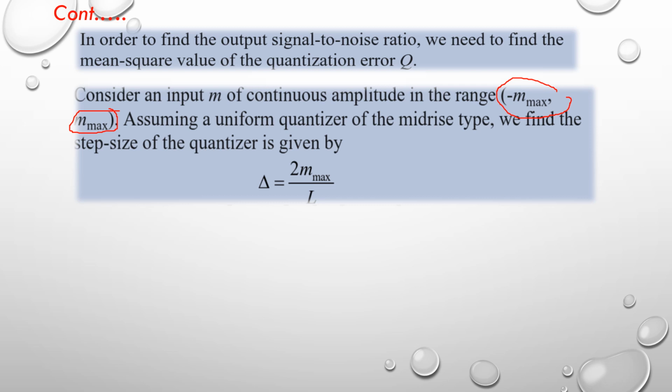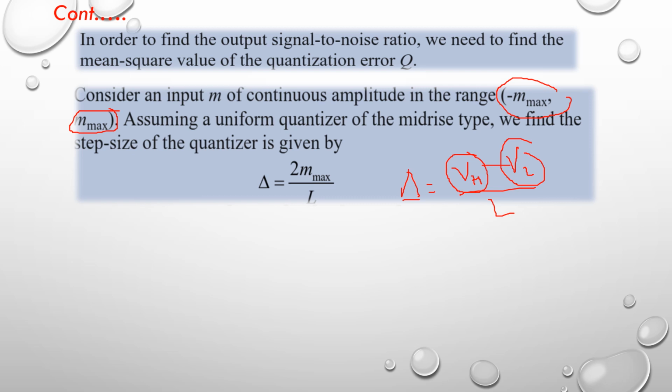Assuming a uniform quantizer of the mid-rise type, we find the step size of the quantizer, given by delta equal to 2 m maximum divided by L. Delta is the step size, equal to the highest voltage level VH minus the lowest voltage level VL, divided by L. Here VH is equal to m maximum and VL is equal to minus m maximum.